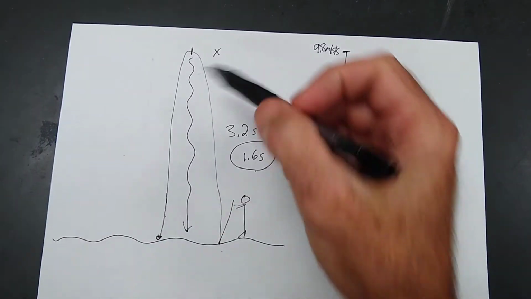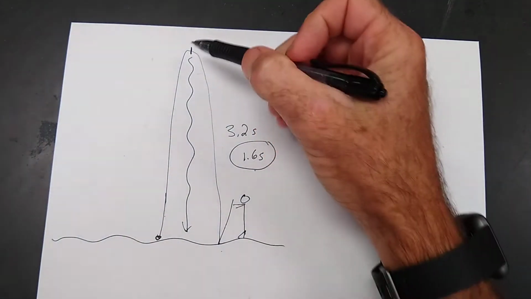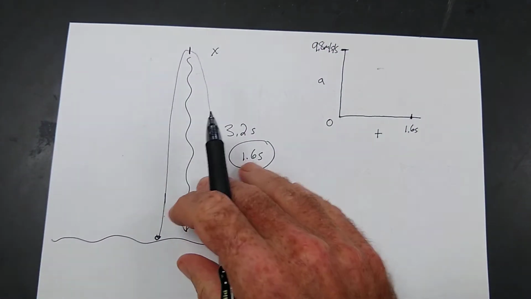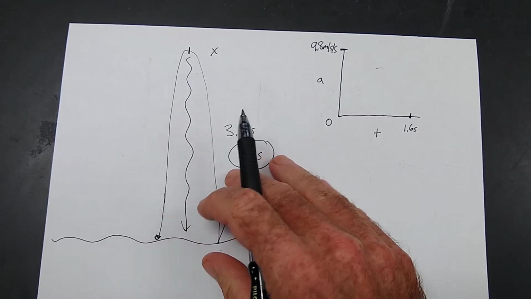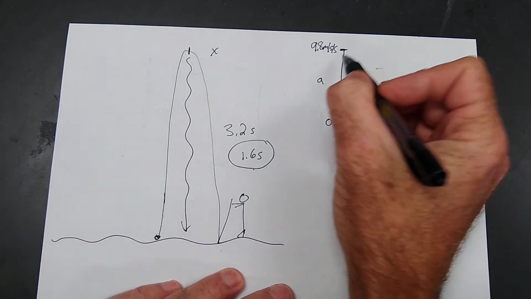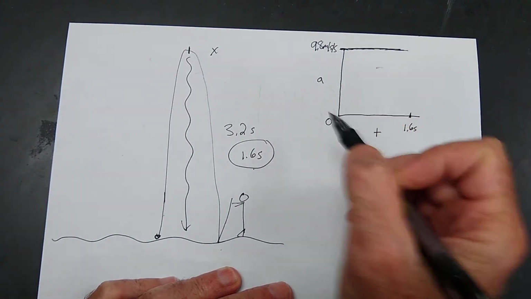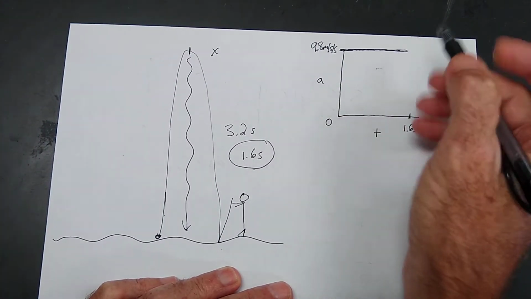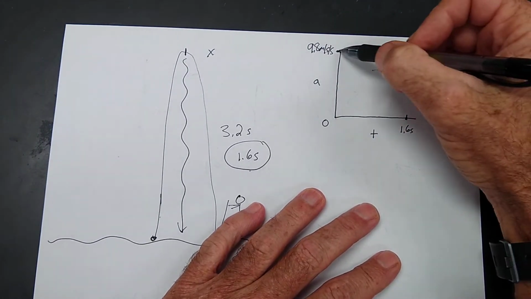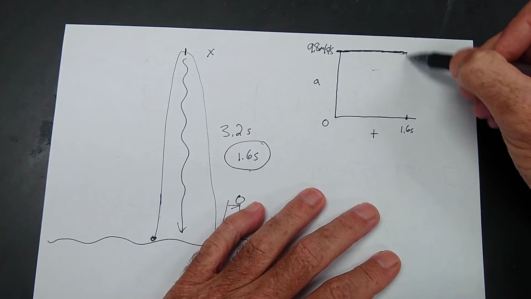So is acceleration steady? Yes. The acceleration was steady. The ball went faster and faster, so the velocity changed at a steady rate. So the acceleration the whole time throughout the fall stayed at 9.8 meters per second squared. So the acceleration over time graph would have a straight line for the whole 1.6 seconds.